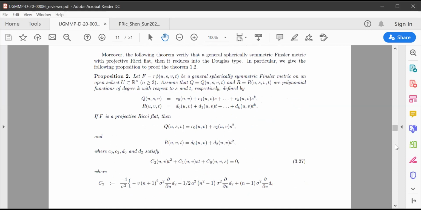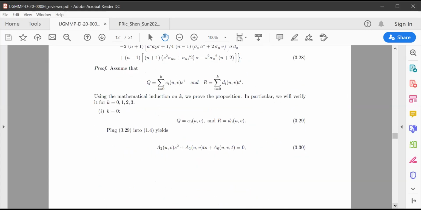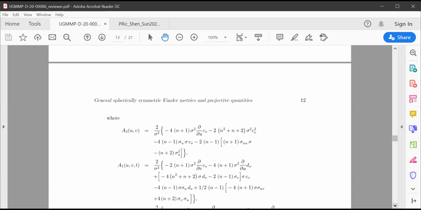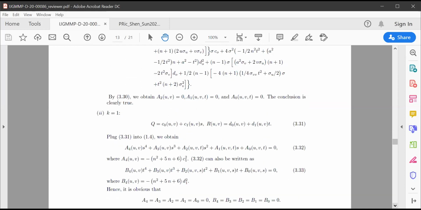This part I'm going to skip, because it is used to prove that under that condition it is of Douglas type. Just under the special condition. I don't know how to figure that out and find that it's Douglas type.